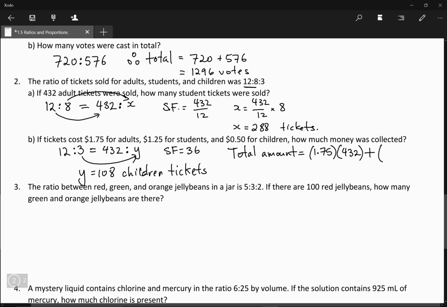So in total, I had $1.25 for the students times a total of 288 tickets sold, plus the children's tickets, which are 50 cents each times 108 of them that were sold. Okay, and then so in total, since I'm out of space, I'm just going to write the equal sign here. In total, they have raised $1,170.